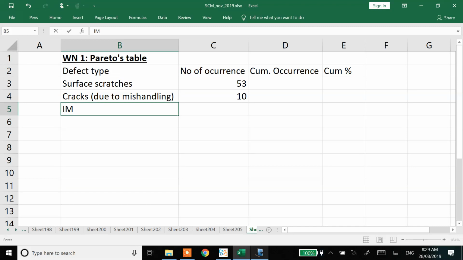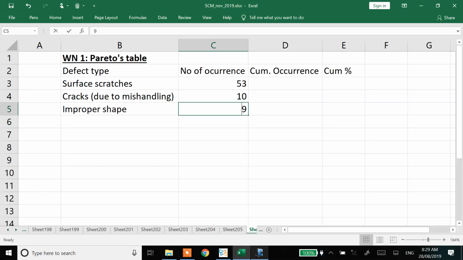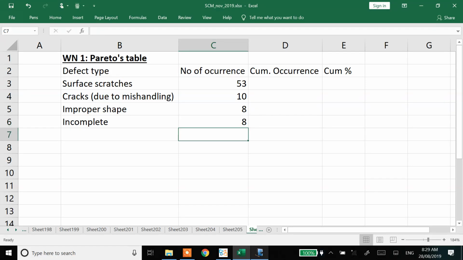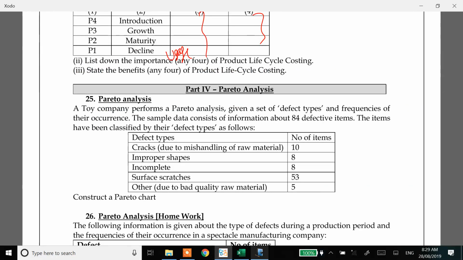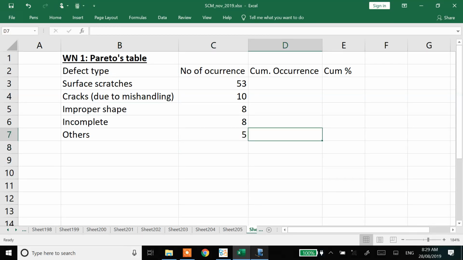Improper shape, 8. Incomplete, 8. Others, 5. I've just written it in the descending order of value. Cumulative occurrences: 53, 53 plus 10 is 63, plus 8 is 71, plus 8 is 79, plus 5 is 84.